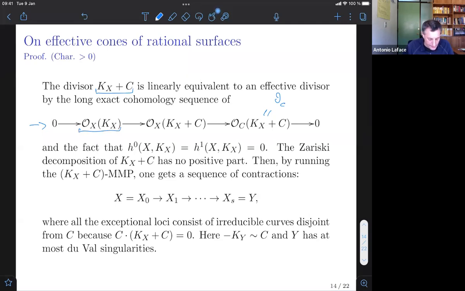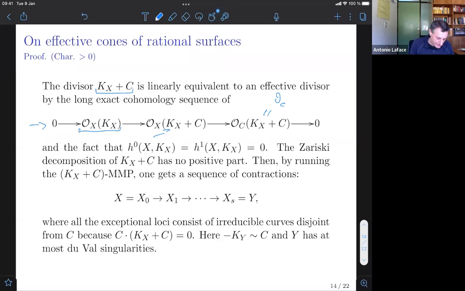Then this implies that these are sections. And since it is effective, one can apply Zariski decomposition and show that there is no positive part. So there are just negative curves.